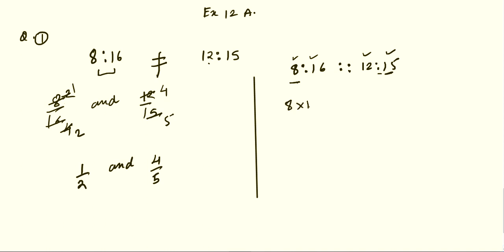So 8 into 15 equals to product of means, means second and third. So 8 into 15 you will get 120, clear, and 16 into 12 you will get 192. Are they equal? No, they are not equal. Means they are not forming proportion. So by these two methods you can solve. Next question.